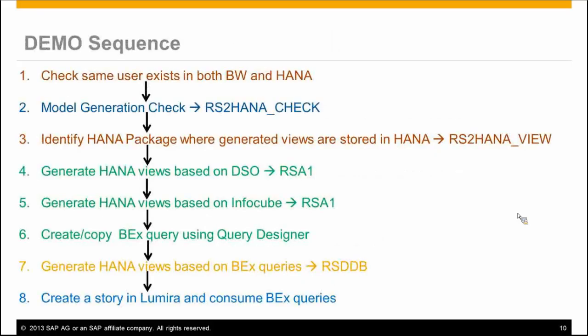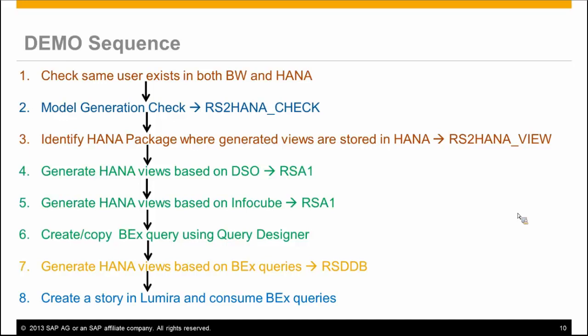So the demo sequence is going to be, we're going to do a very quick check. It is very important that the same user which logs into BW also exists on the HANA side. To generate this view, the same user should be used on the BW side as well as on the HANA side.